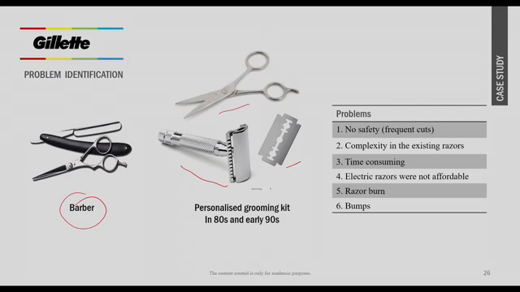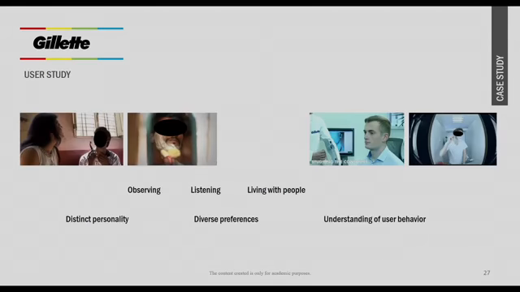And for this grooming kit, we had problems like no safety, complexity in the existing razor, time consuming, electric razors were not affordable, there were issues with razor burn, issues with bumps as well. With this problem, they studied the user, they observed, they heard their stories, they lived with the people, they checked different kind of face pattern, and also they observed how they shave.